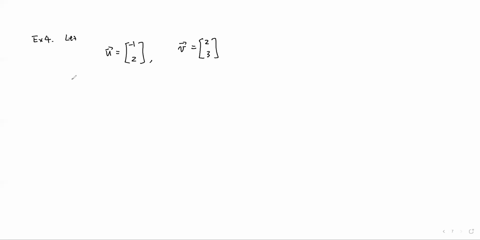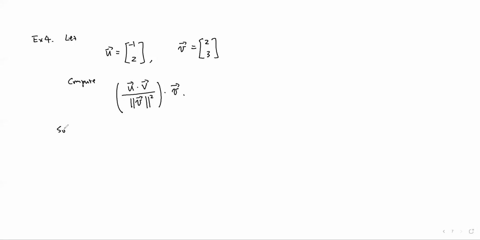Okay, now compute u dot v, the inner product between the two vectors. Inner product is a number. Then over v, the length square. A number over a number is a number. Then times vector v. Now, how to find this vector? A number times a vector is a vector.